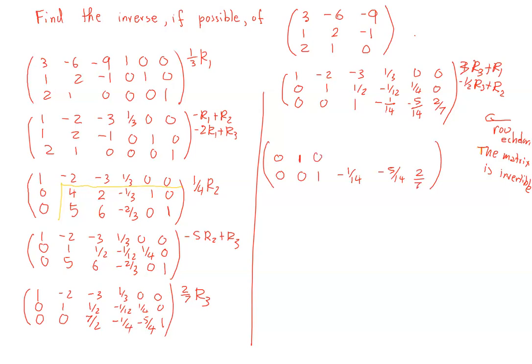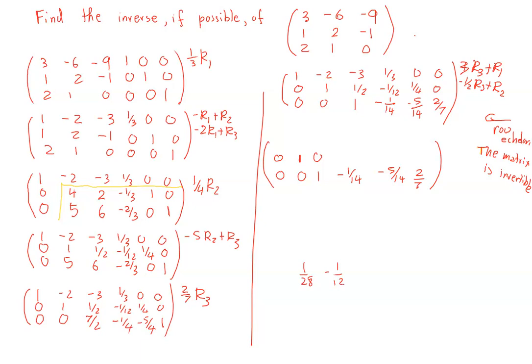We get negative 1 over 28, 1 over 28 minus 1 over 12. That's what I'm getting.